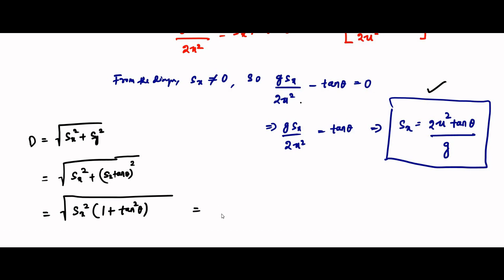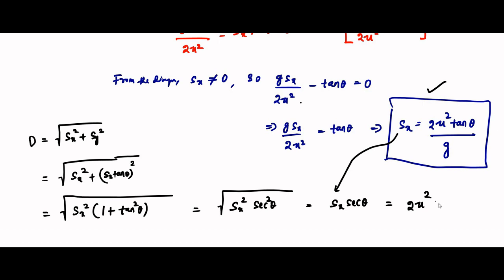So this is equal to Sx square sec square theta, so this becomes Sx sec theta. Here we'll replace Sx with this, so this becomes 2u square tan theta by g into sec theta.